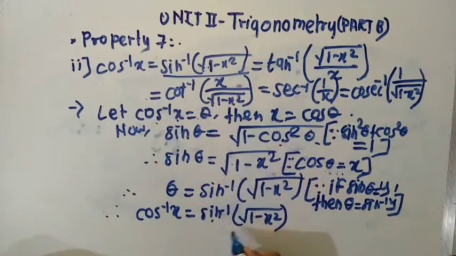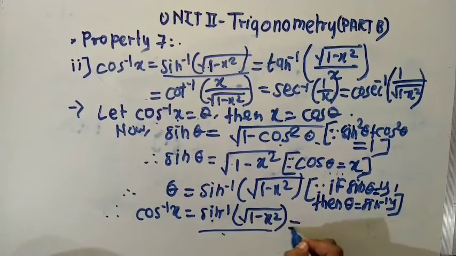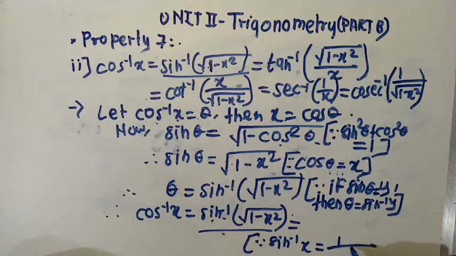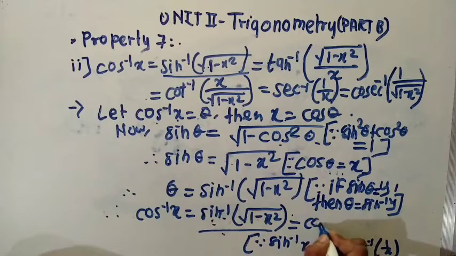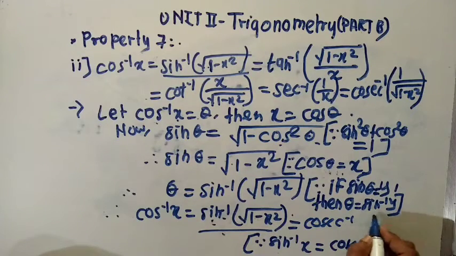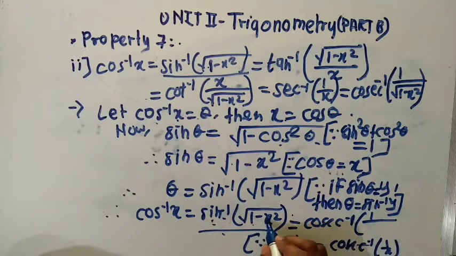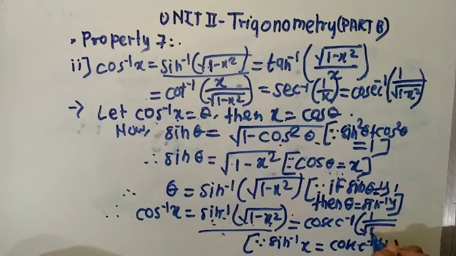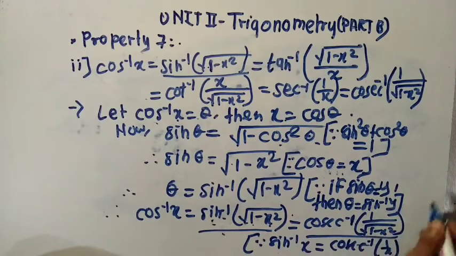Means first property is right. But sin inverse of x is equal to cosec inverse of 1 upon x, and sin inverse of x is the cosec inverse of 1 upon x, means this root 1 minus x square. Hence this and this property are proved.